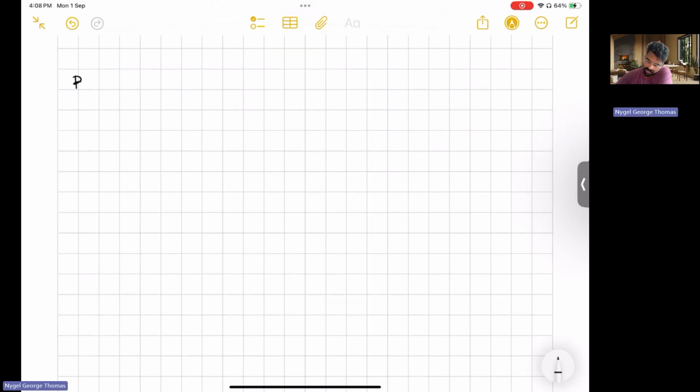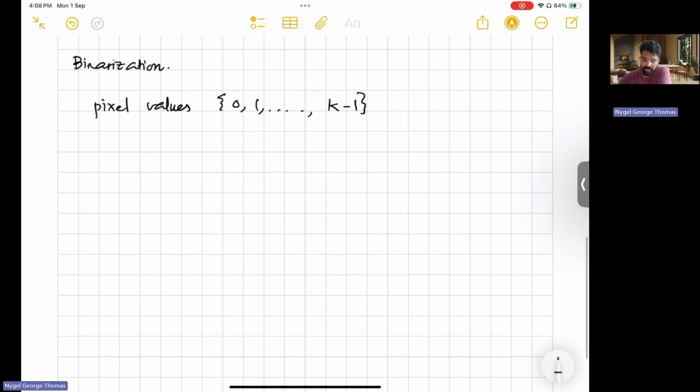So in binarization, we have pixel values. What we're trying to achieve is, there are pixel values 0, 1, etc., up to K minus 1. We're assuming this is an incremental set of values, so a discrete set of values which are increasing.